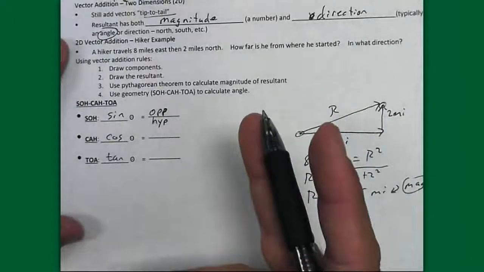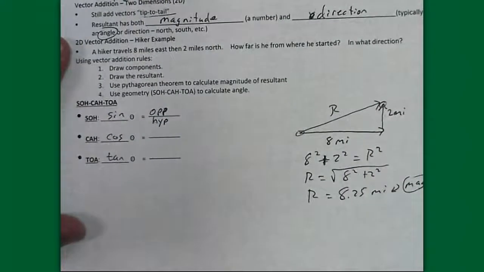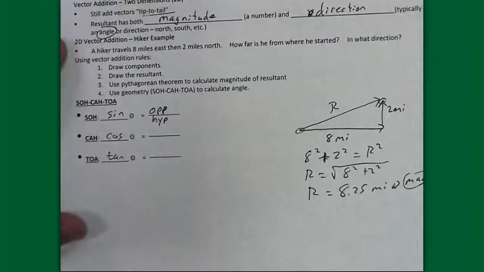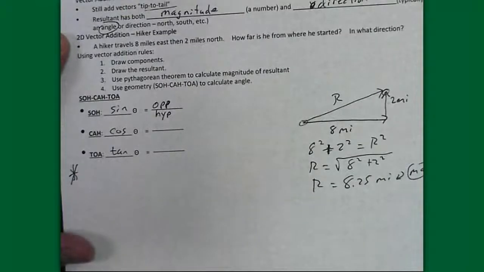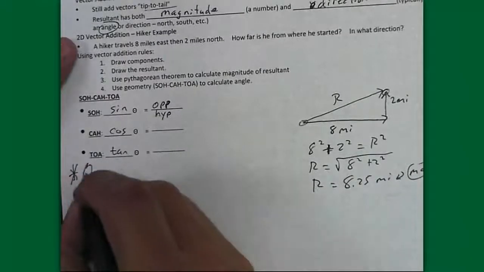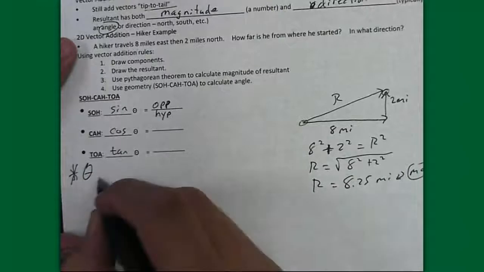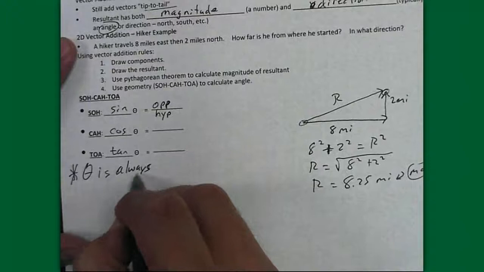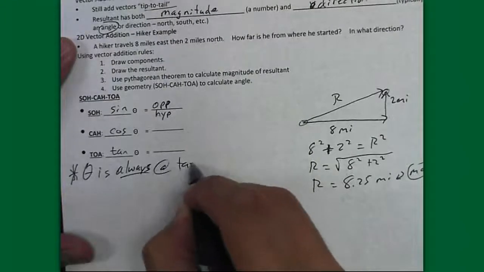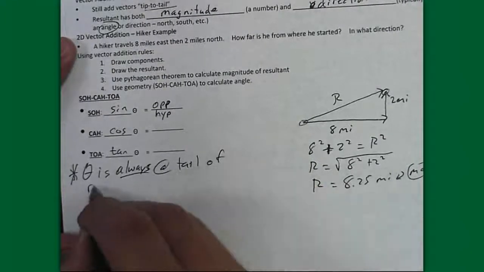Opposite, adjacent, and hypotenuse. Those are the 3 names for our sides. In order to figure out what they are, we first need to know where our angle is. And for us in this class, our angle, which I'm going to symbolize as theta, is always at the tail of the resultant.